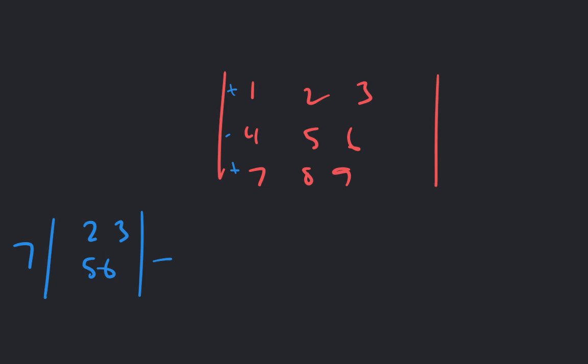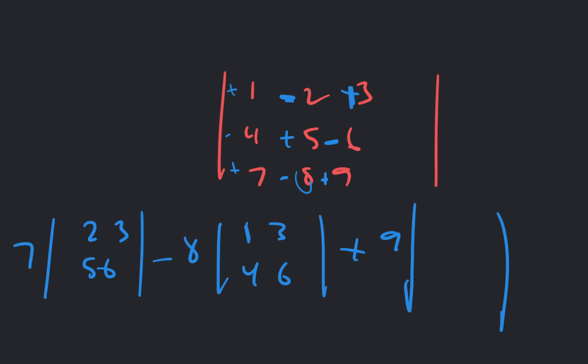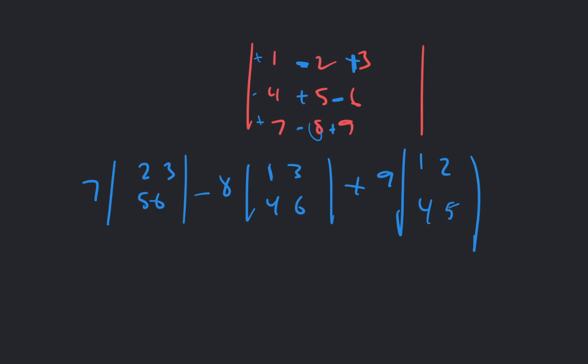Then 1, 3, 4, 6, and 1, 2, 4, 5. And I'll let the viewer do it, but this will equal 0.